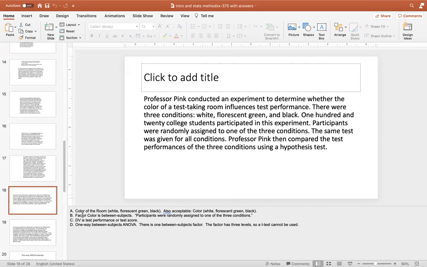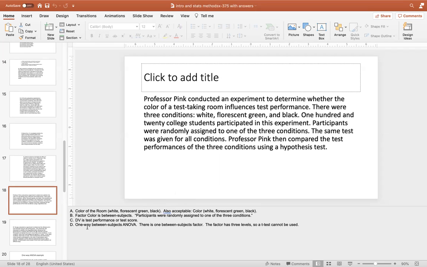The factor called color is between subjects, and we know that because it says participants were randomly assigned to one of 3 conditions. The dependent variable in this one is test performance or test score. You can call it either thing, test performance or test score. Either of those is the correct way of phrasing the dependent variable.